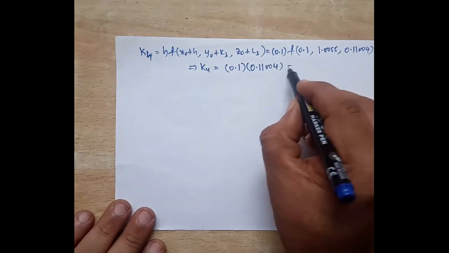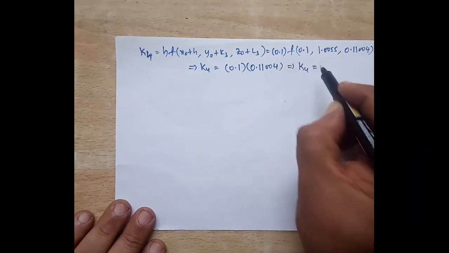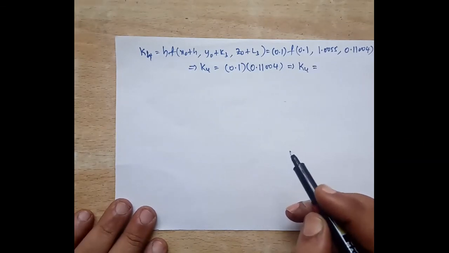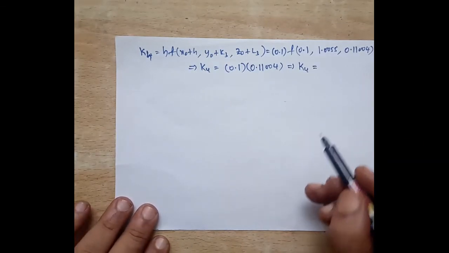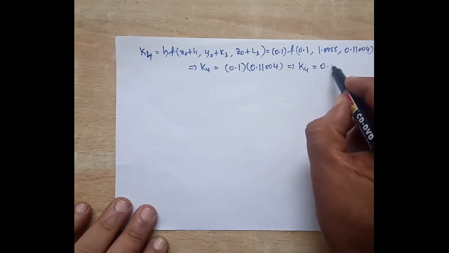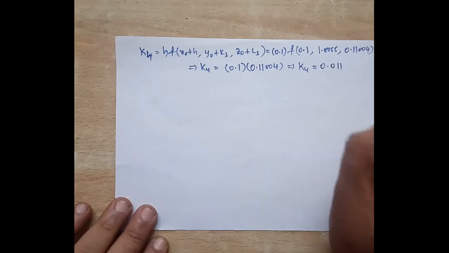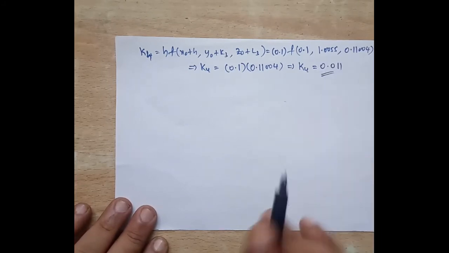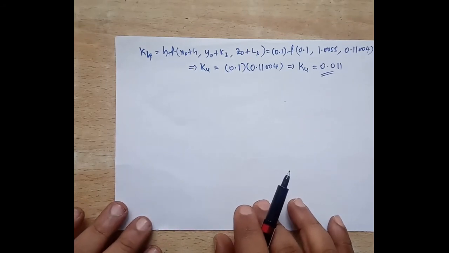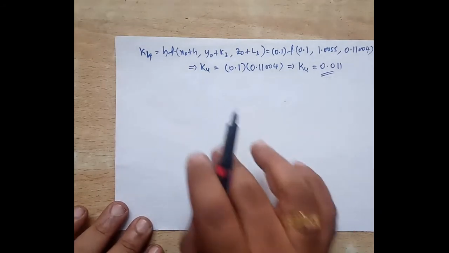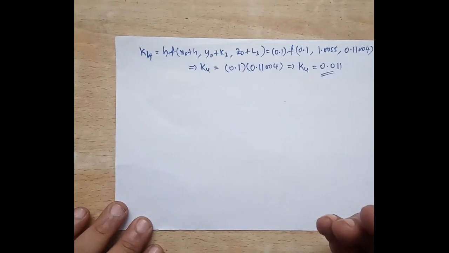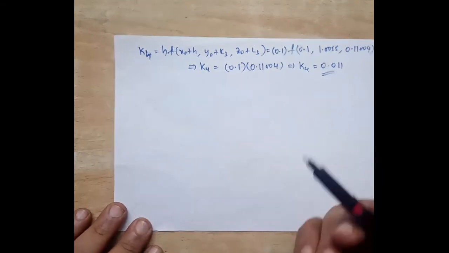So if I simplify this, we get the value of K4. So this comes around 0.011004. I'll write 0.011, enough. So this is the value of K4. And here next is L4, and as I told, L4 is not required here because we are not going to calculate K5 and so on. So up to K4 I want. So I got the K4 value.